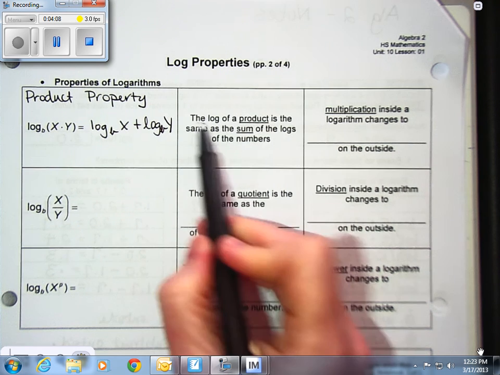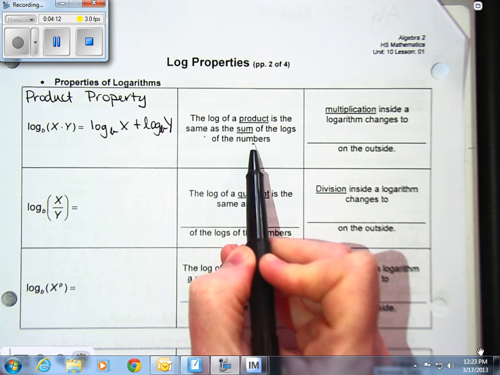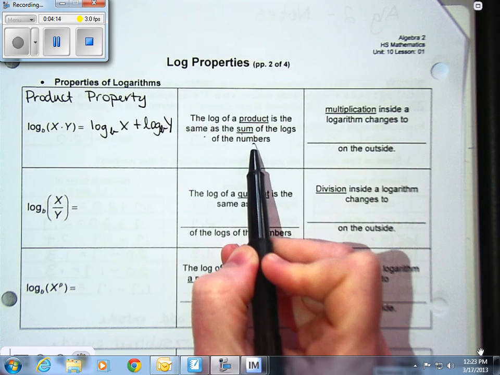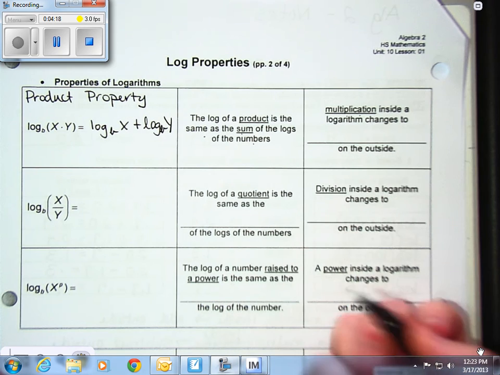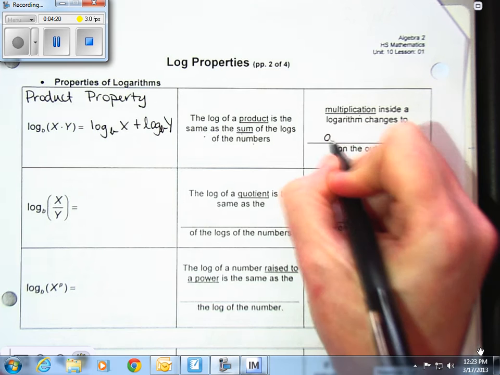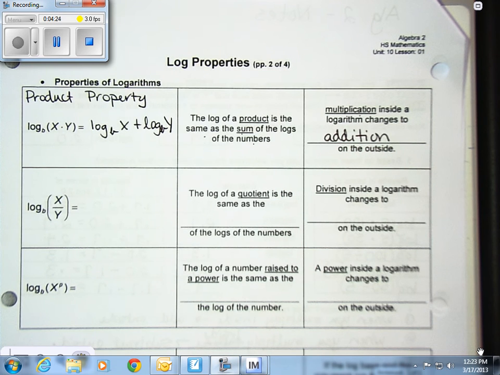So it says here the log of a product is the same as the sum of the logs of the numbers. So this is basically what we were saying a minute ago. Multiplication inside a logarithm changes to addition on the outside. And so that property is what we call our product property.